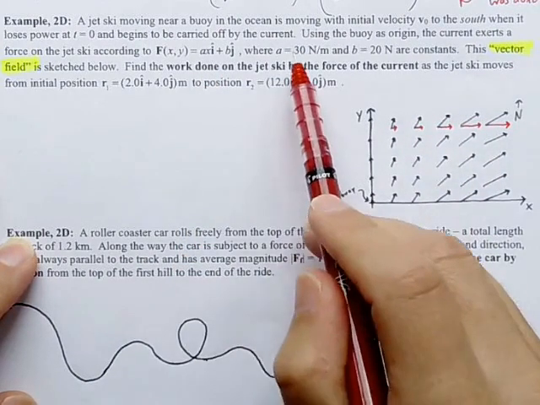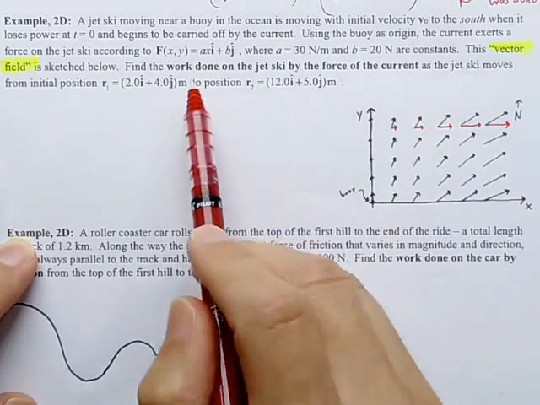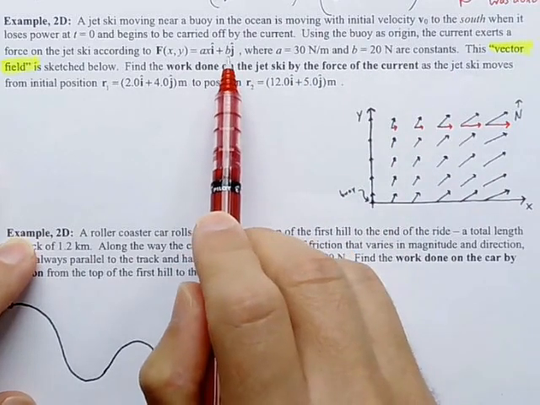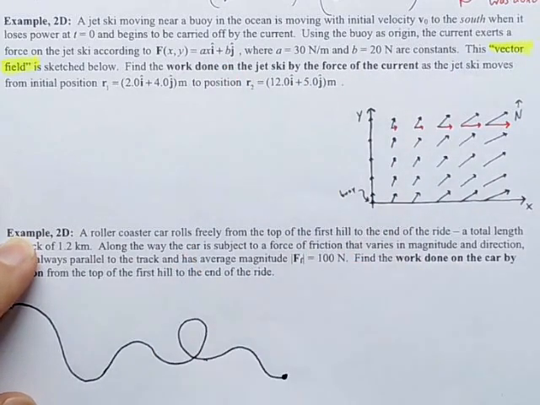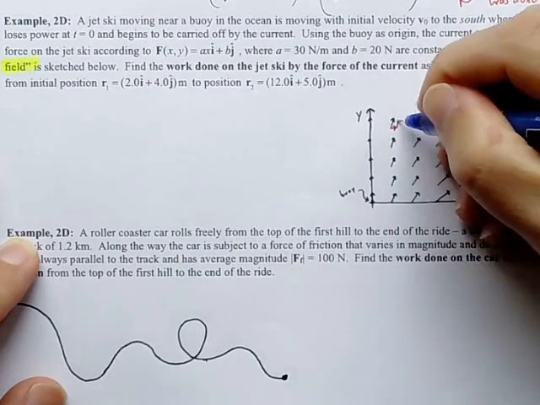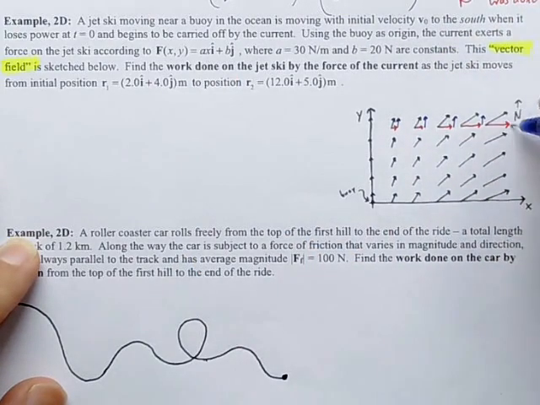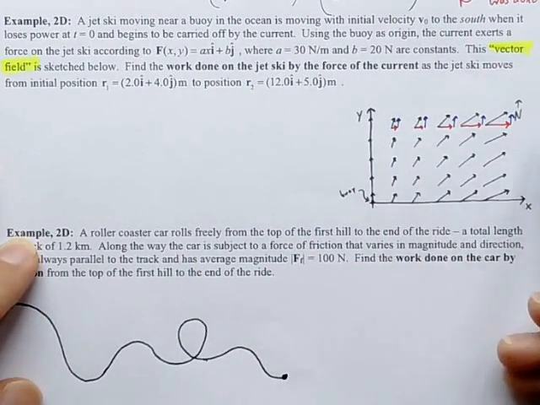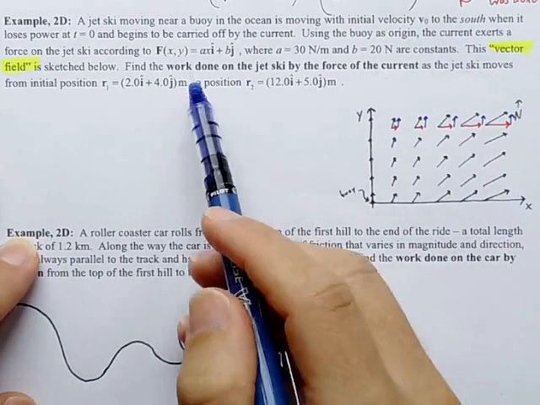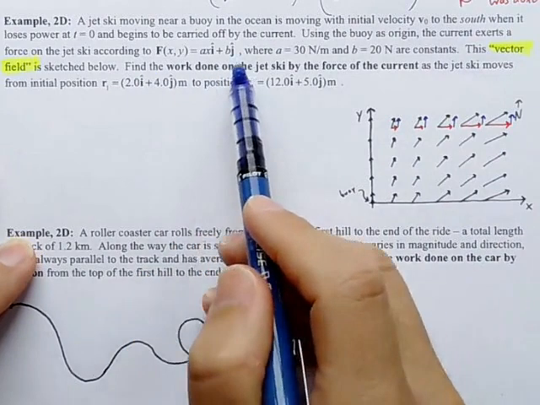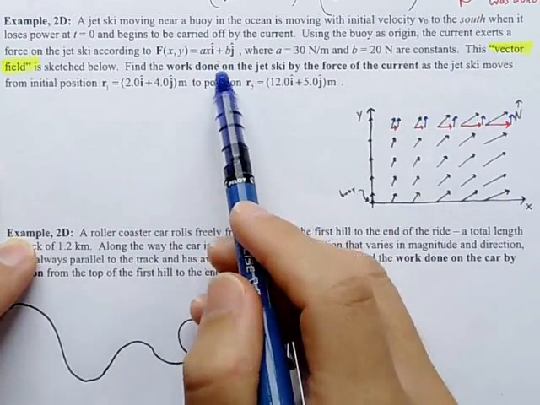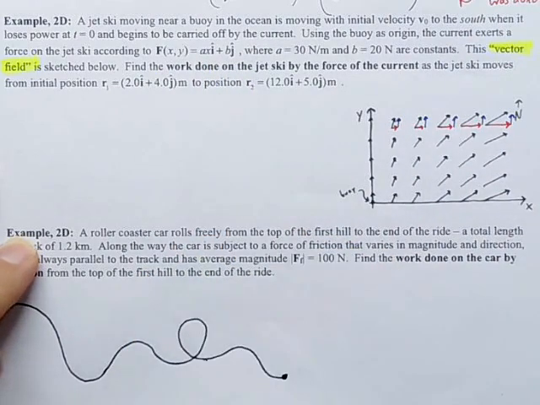A is a constant and B is a constant, whereas the y component of the force is just B, a constant. So your y component is the same at all locations in this region. The y component is constant, but the x component depends on position. So there we go. We have a force with both x and y components, and the components themselves are functions of position. That produces this vector field map.